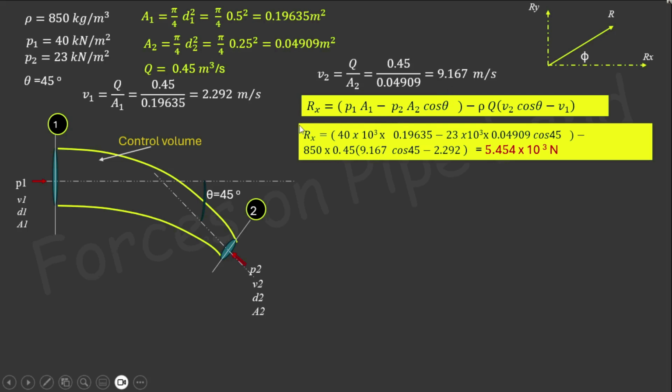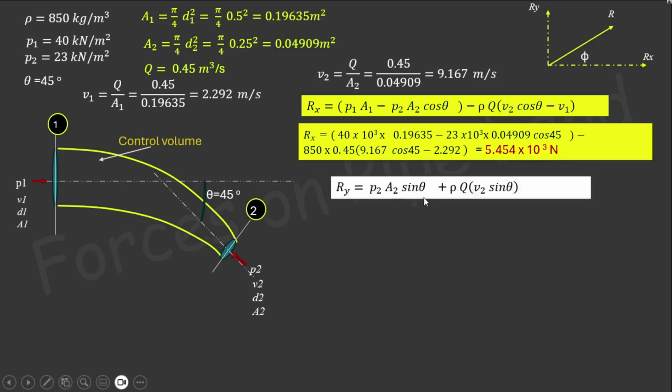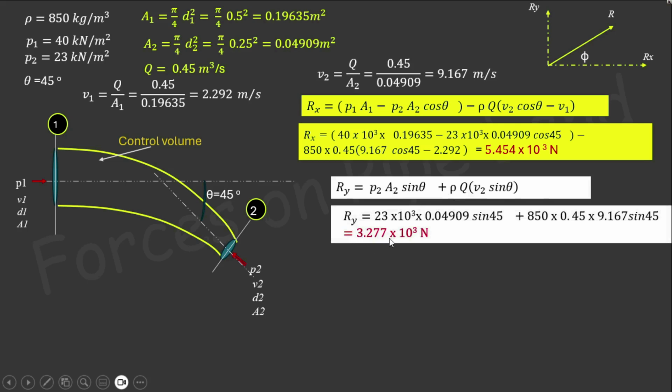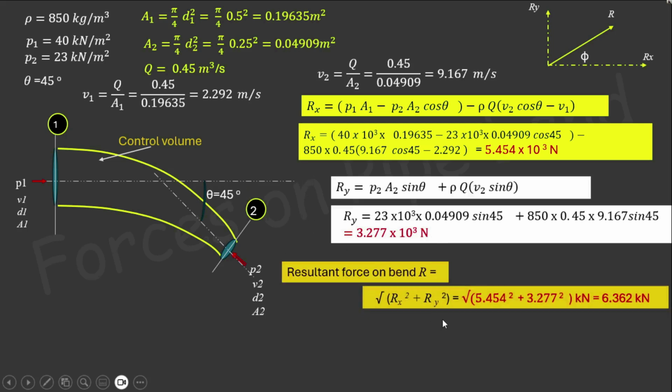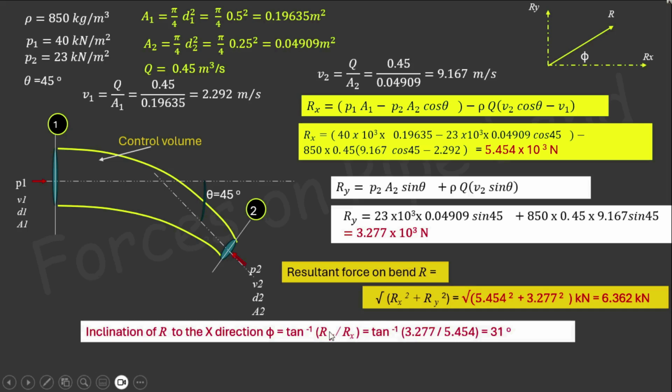So you can calculate Rx as 5.454 into 10 raised to 3 N. N stands for Newton. And Ry, that is equal to P2A2 sine theta plus rho Q V2 sine theta. If you are substituting, you will get Ry as 3.277 into 10 raised to 3 Newton. So resultant force R equal to root of Rx square plus Ry square, which is equal to 6.362 kilonewton, and the direction of action of this resultant force is equal to tan inverse of Ry by Rx, so that is 31 degree.